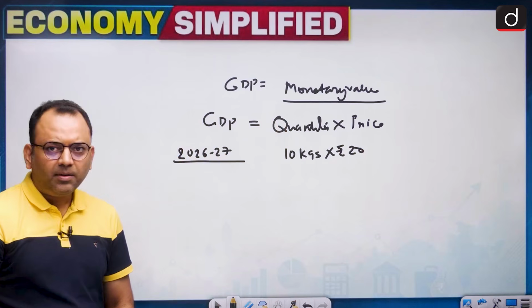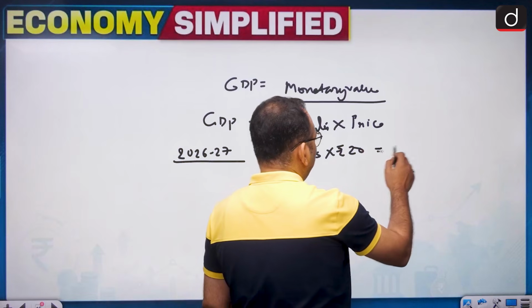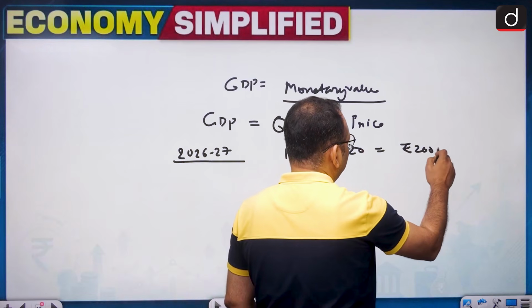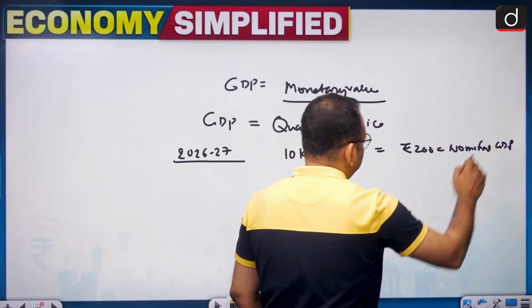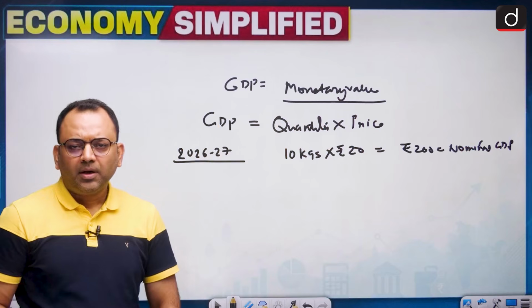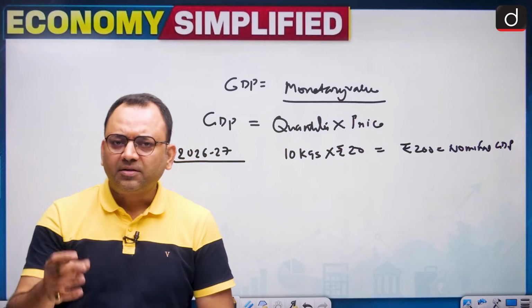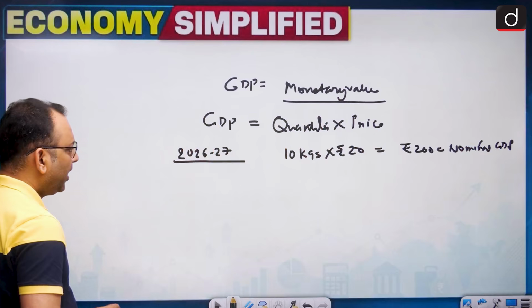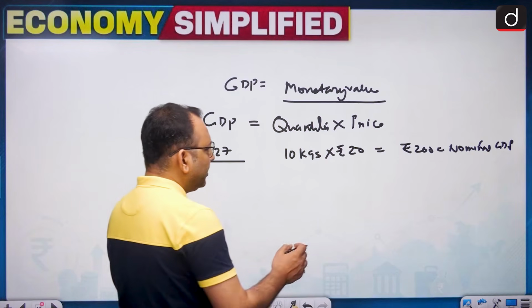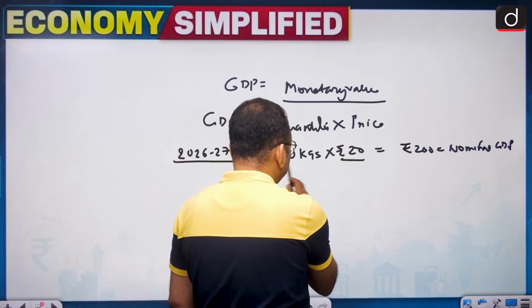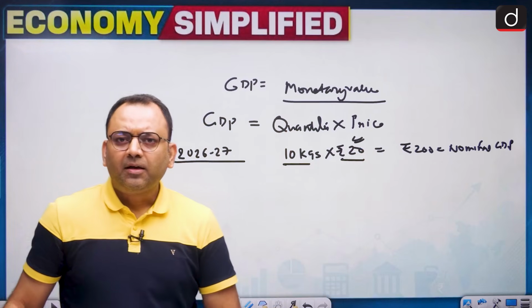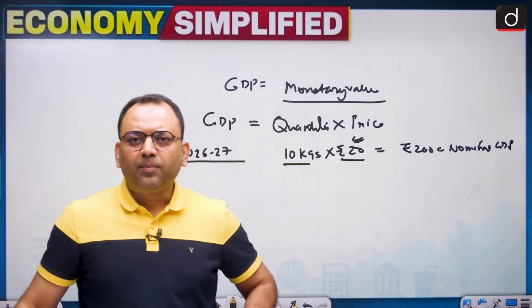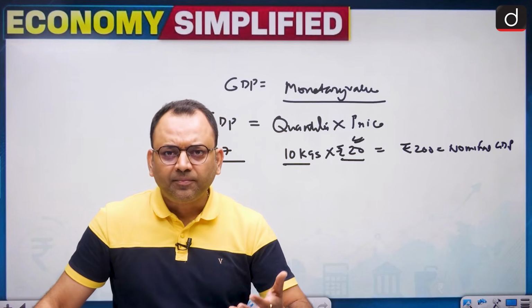The GDP becomes rupees 200 and this is called the nominal GDP. A GDP at the current market price is called nominal GDP. Now quantity is okay, but the prices may be higher due to inflation. In a given year, it is possible that the price will be very high due to inflation.